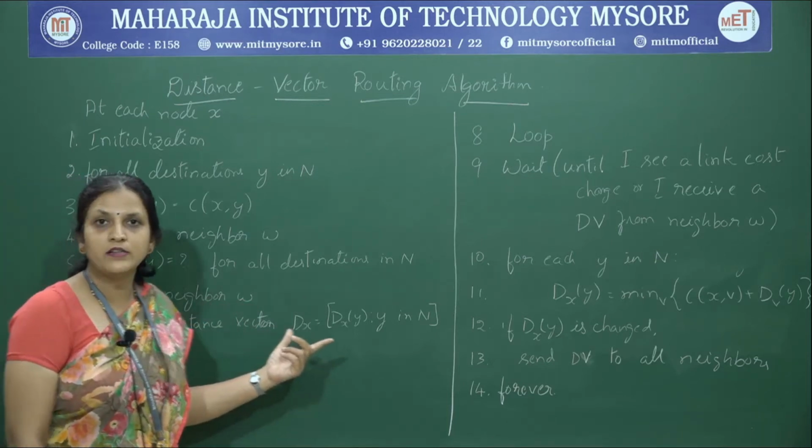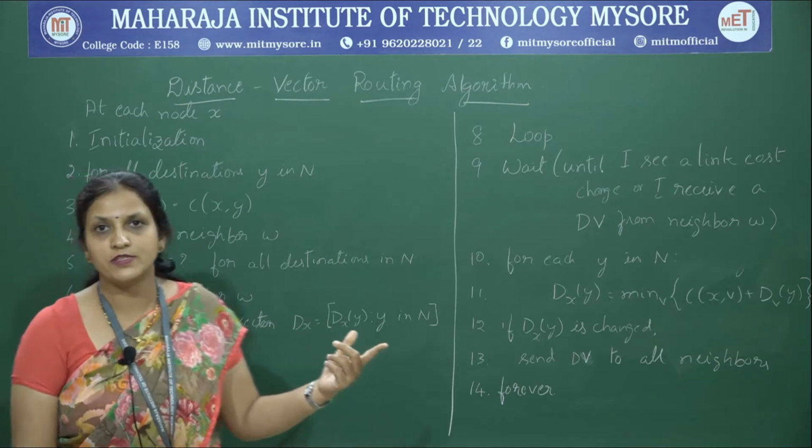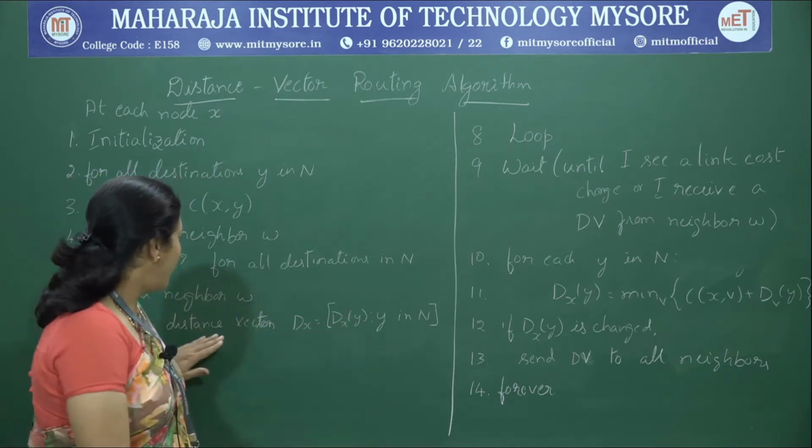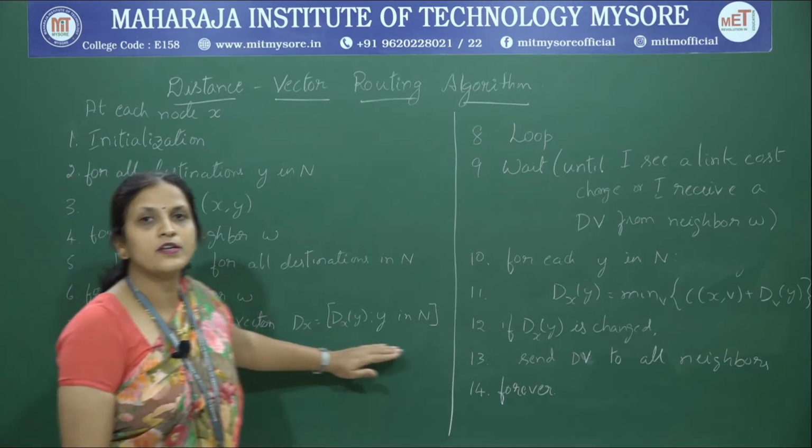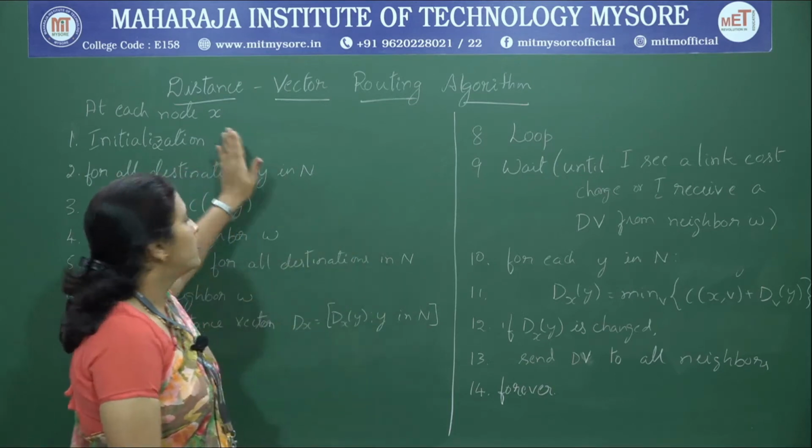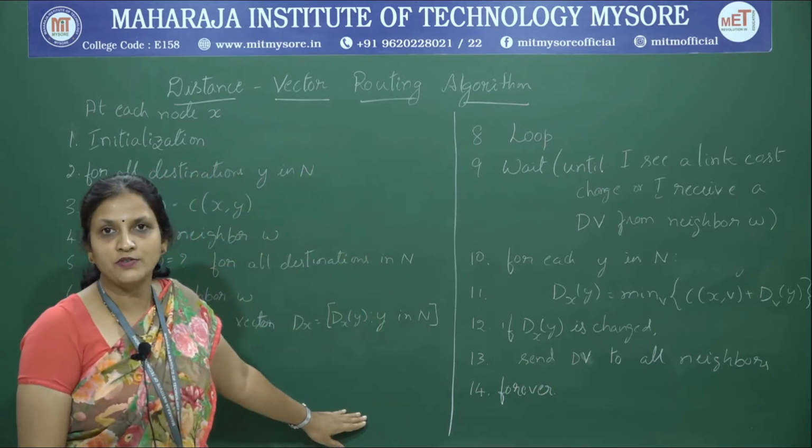We have calculated the distance vector, right? Now, send that particular distance vector to all the neighbors of x. So, this is the initialization phase.